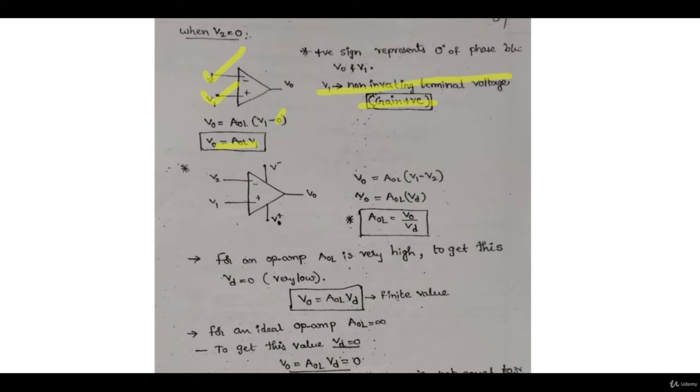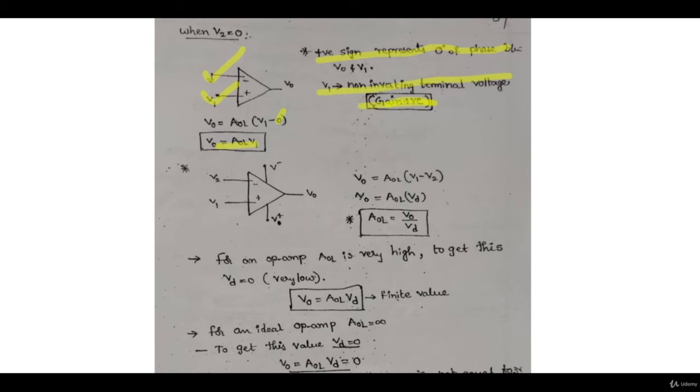In the previous case the gain was negative, here it is positive. The positive sign represents 0 degree phase between V0 and V1. So from one input you are getting negative gain, 180 degree phase shift, and from the other input you are getting positive gain, 0 degree phase.